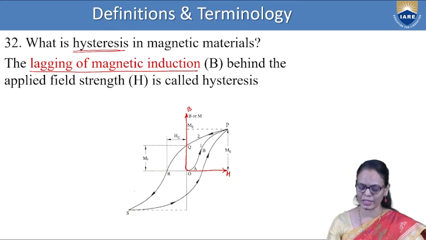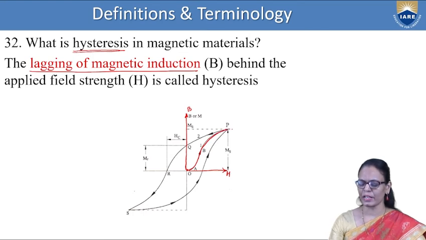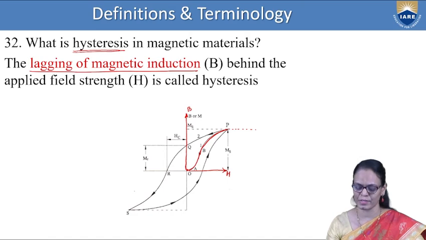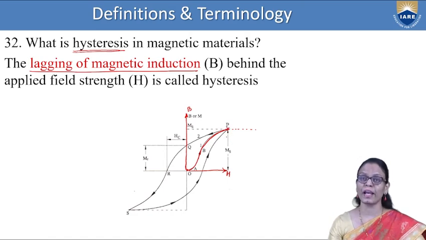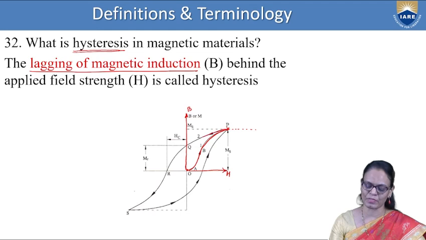If you start here, as the magnetic field increases, the magnetic induction also increases. Here it reaches a saturation point, meaning it can no longer be magnetized. Now at this point P, we withdraw the applied magnetic field, coming back in the reverse direction.